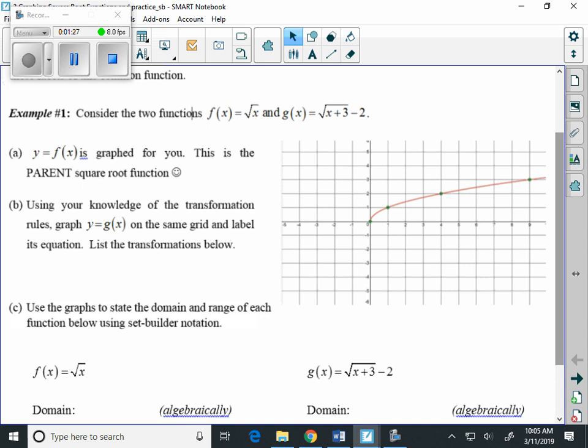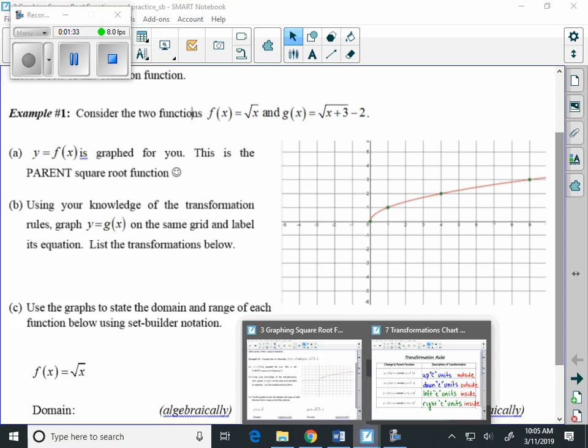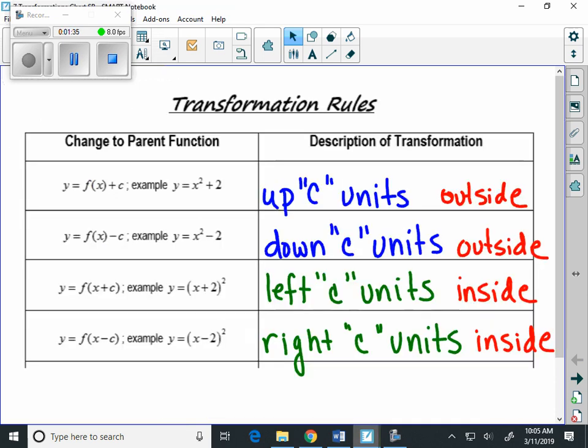When we look at the g function, g of x equals the square root of x plus 3, minus 2, that's when you might want to refer back to your transformations rules chart. The chart just reminds us of what the various things do to our function.